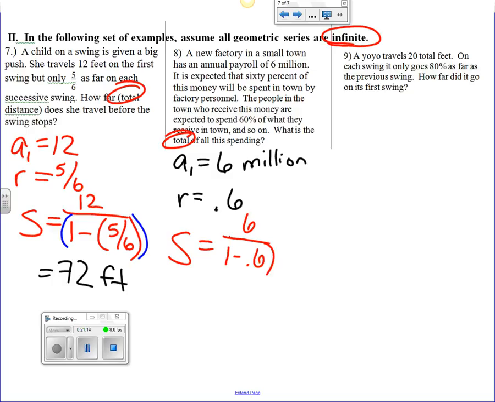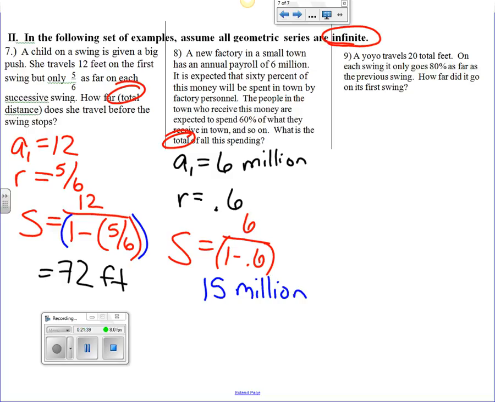Good. And so you would need to put parentheses around the bottom in your calculator. And Laura, what are you getting? Yep. So you can put 15 with 6 zeros, or you can write 15 million, whichever one you prefer.